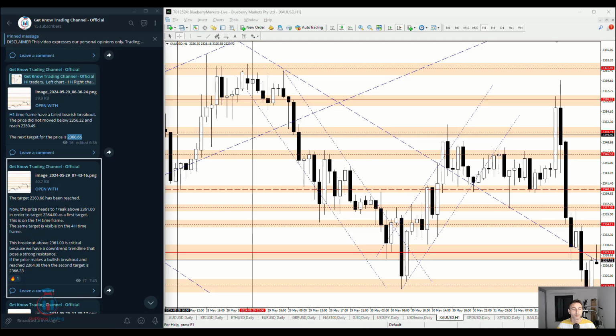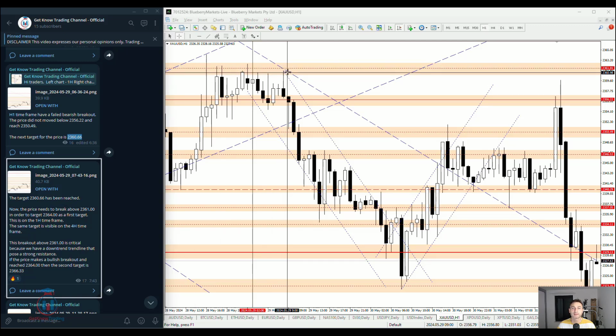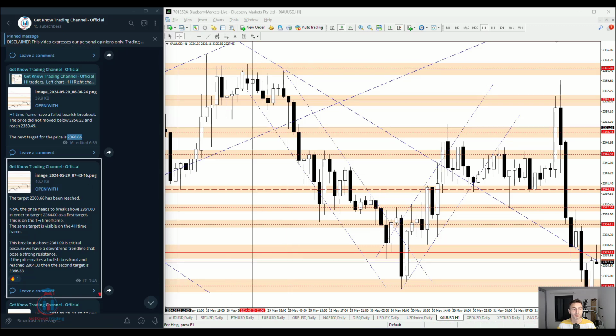Now the price needs to break above 2361, which means this one, in order to target 2364. This is on a 1 hour time frame. The same target is visible. This breakout above is very critical because we have a downtrend trend line that poses strong resistance. If the price makes a bullish breakout and reaches 2364, then the second target is 2366.33.